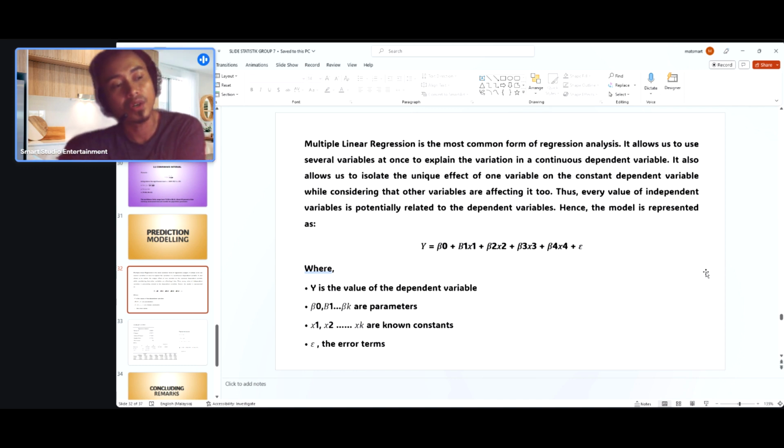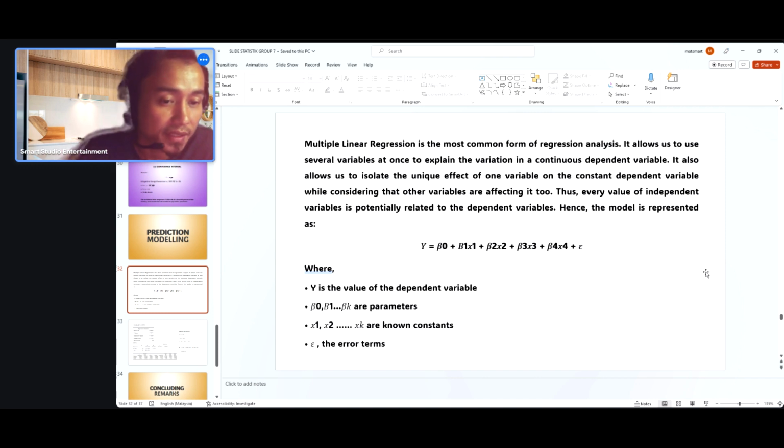Thus, every value of the independent variables is potentially related to the dependent variable. Hence, the model is represented as y equal to b0 plus b1 x1 plus b2 x2 plus b3 x3 plus b4 x4 plus e, where y is the value of the dependent variable, b0, b1, bk are parameters, x1, x2, xk are known constants, e the error term.